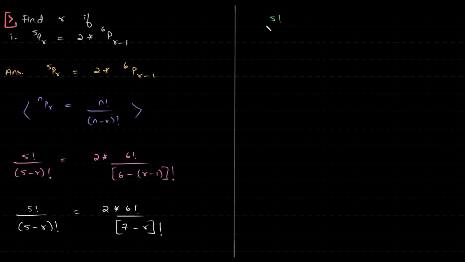So we have 5 factorial divided by, okay, I'll transpose 5 factorial to the right hand side and this to the left hand side. So basically this would be in the numerator and (5 minus r) factorial will remain there itself. And on the right hand side we have 2 into 6 factorial divided by 5 factorial. This makes sense, right? Okay.